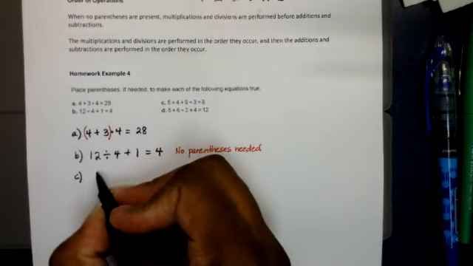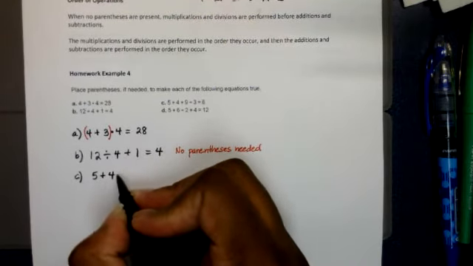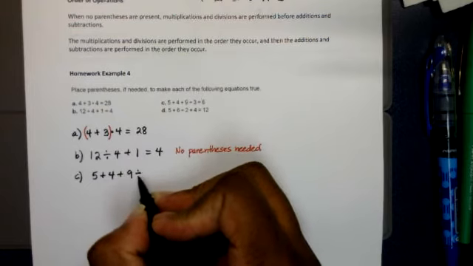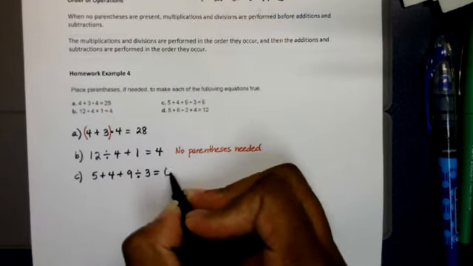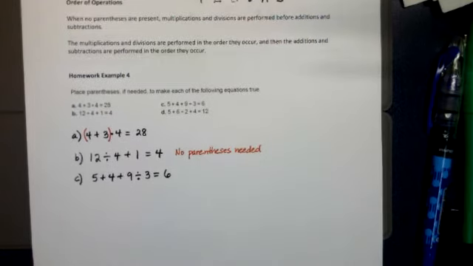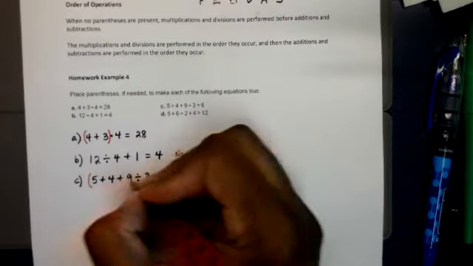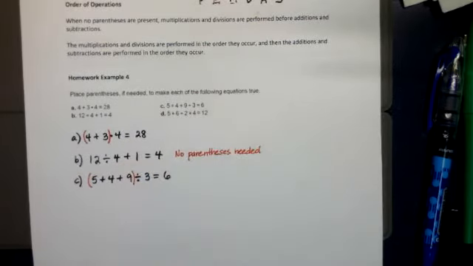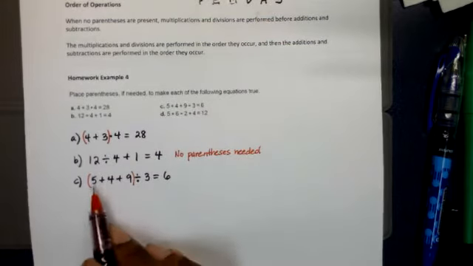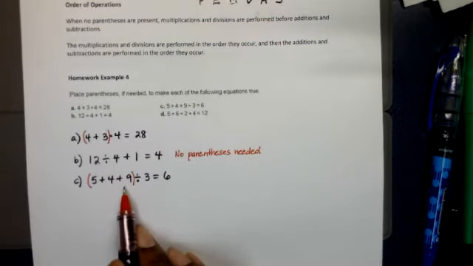Like part C, 5 plus 4 plus 9 divided by 3 needs to be equal to 6. In this case, I will need parentheses, and I'm going to need them around the 5 plus 4 plus 9, because 5 plus 4 plus 9 gives me 18.